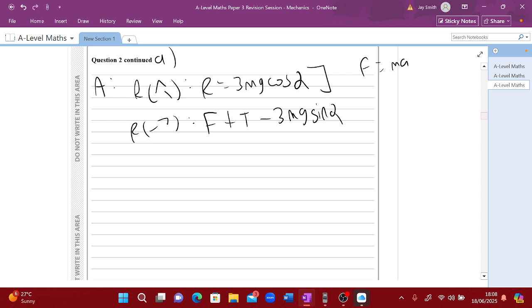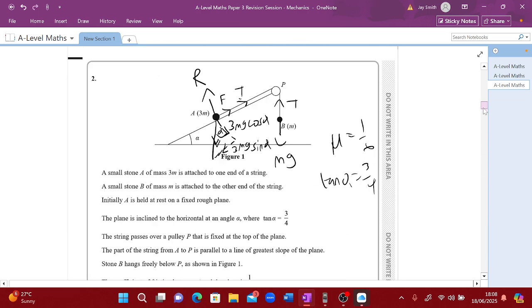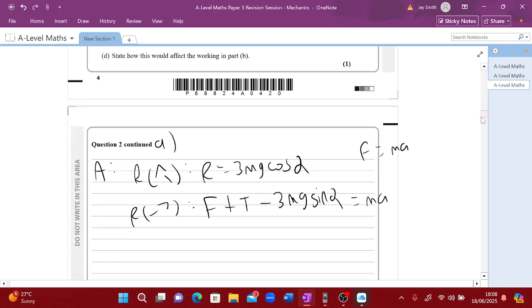But when it's perpendicular to the plane, there's no movement perpendicular. The only movement is up and down the plane, so the parallel component. So in this case, when we're going parallel, the resultant force is going to equal ma. So that's not going to equal 0.